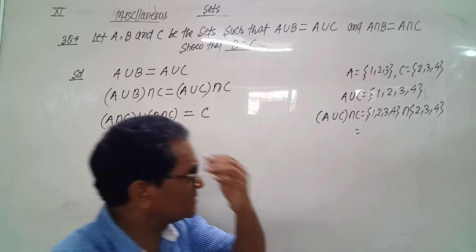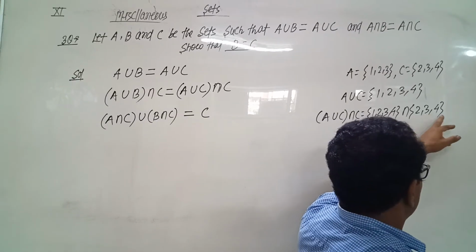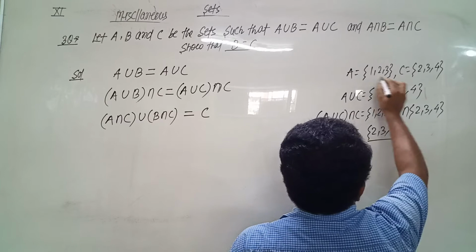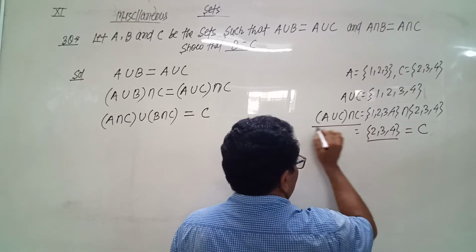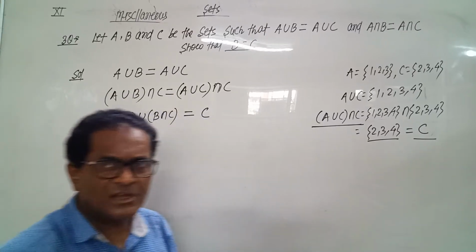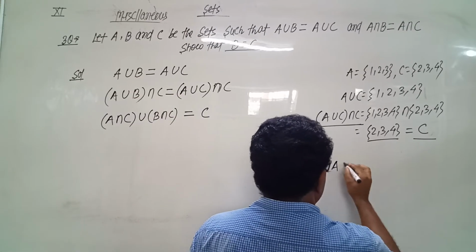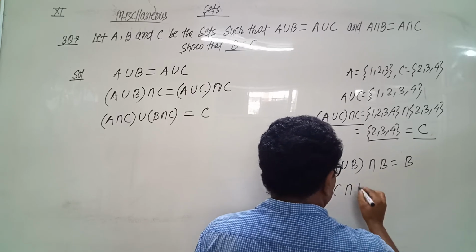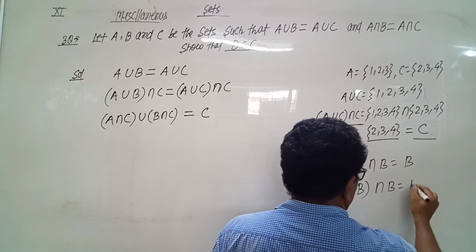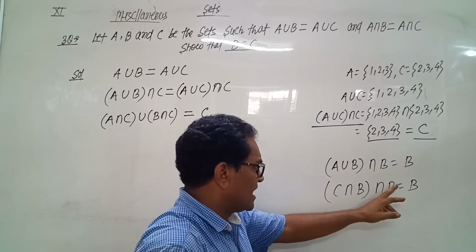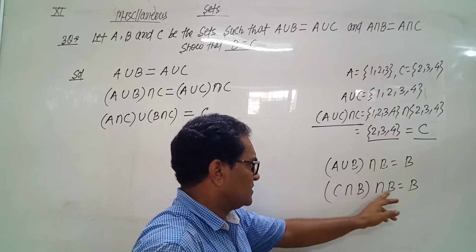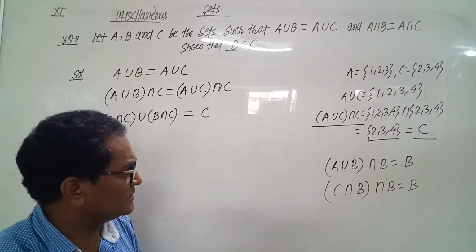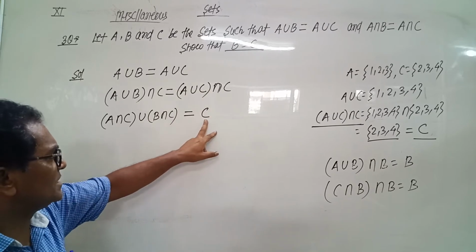From these two sets, 2, 3, 4 is common, and 2, 3, 4 is equal to C. So we can say that (A union C) intersection C is equal to C. In the same way, (A union B) intersection B is equal to B. If there is an intersection and both have the same term, then it is equal to the term after the intersection. So (A union C) intersection C becomes C.